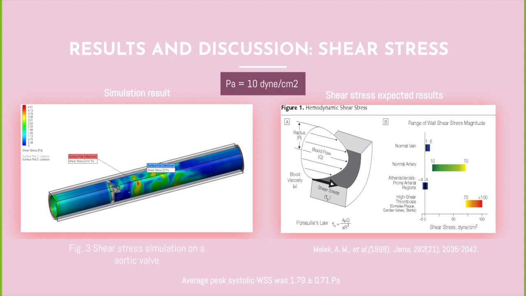However, we see that the average peak systolic of the wall shear stress in the aorta is around 1.79 with an error of 0.71 pascals. So the maximum shear stress, according to also literature in the aorta, is around 2.4. So our model has a great difference of shear stress.